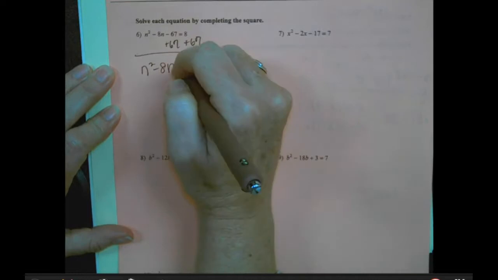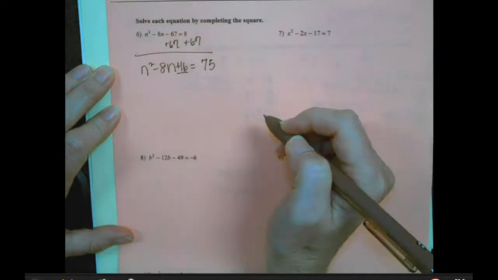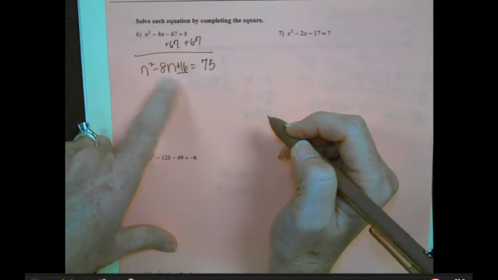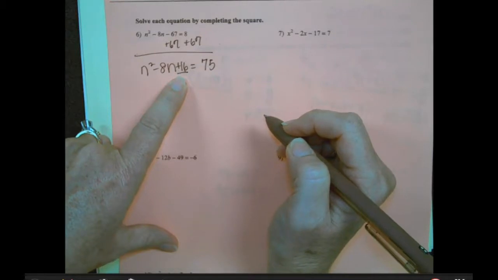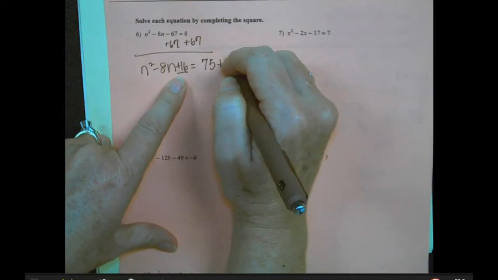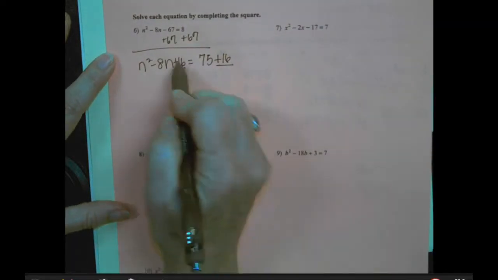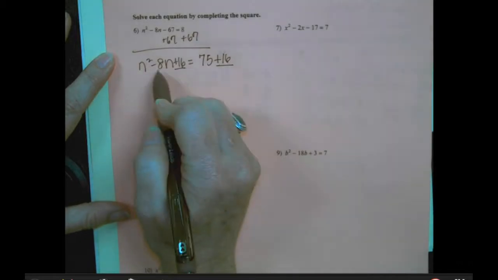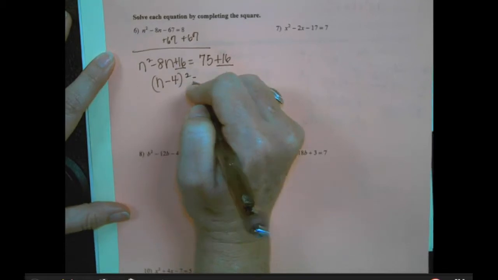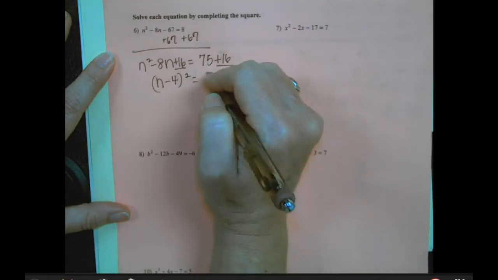The 16, right? So, b divided by 2 squared is 16. You guys just told me how easy this was. So, what I add to one side, I have to add to the other. So I want to write this as a perfect square. So this is n minus 4 squared equals, thank you.